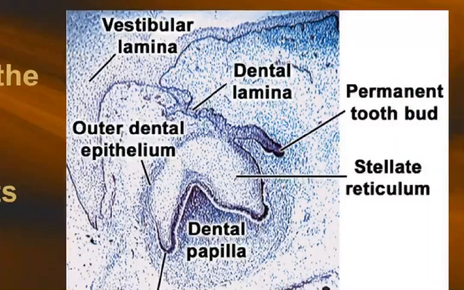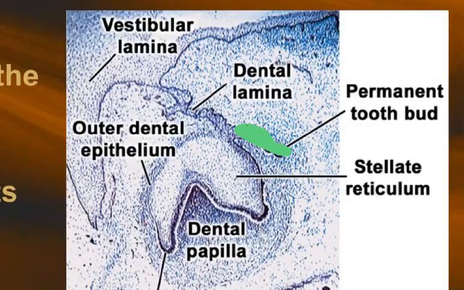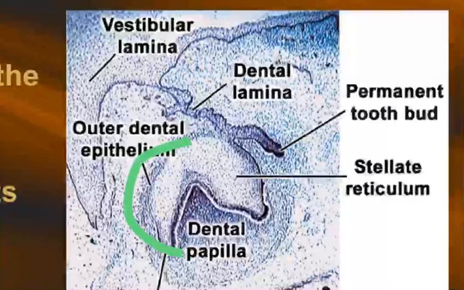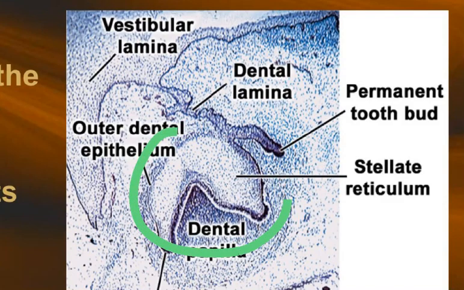It's not very accurate because bud means oval. It's oval, this one here. It's a better term, successional lamina. Successional lamina, and this is the dental lamina of the permanent successor. The permanent tooth that will replace this primary tooth.